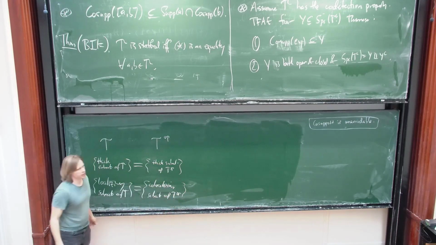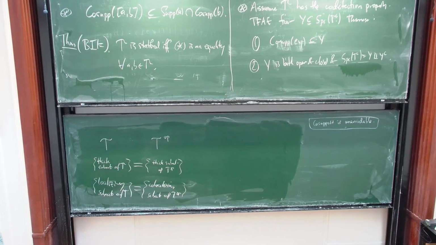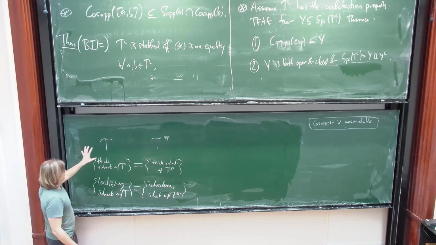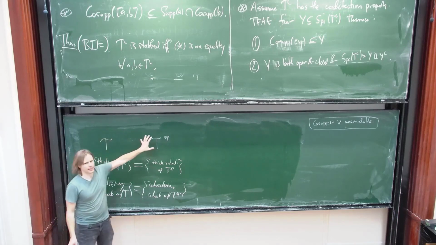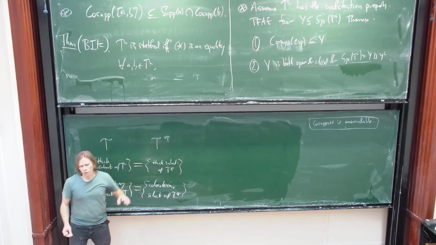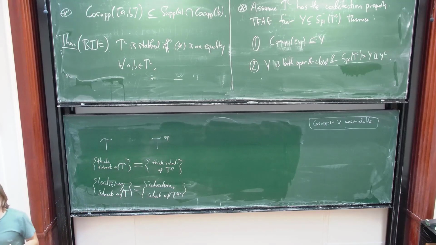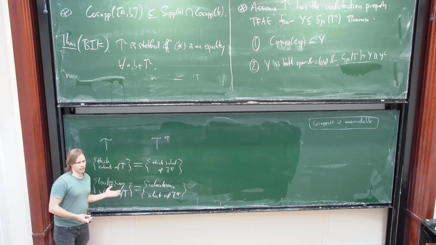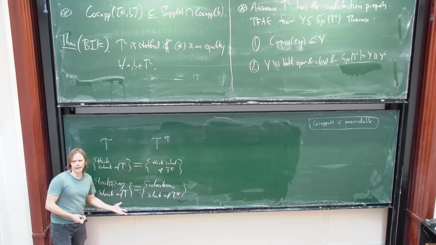And so from this perspective, in terms of thinking about localizing and co-localizing subcategories, it feels like it should just be something that's happening in T and something that's happening in T-op. But when you bring the tensor into the game and you start talking about localizing ideals and co-localizing coideals, it's not a priori at all obvious how this could handle that.